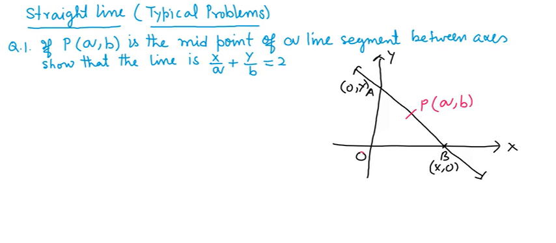See, P is the midpoint, and we know that the coordinates of the midpoint of any two points are ((x1 + x2)/2, (y1 + y2)/2).